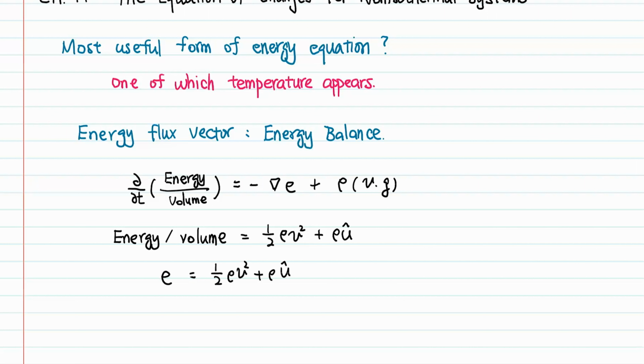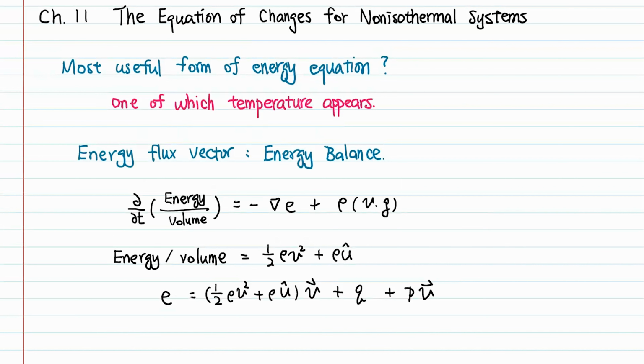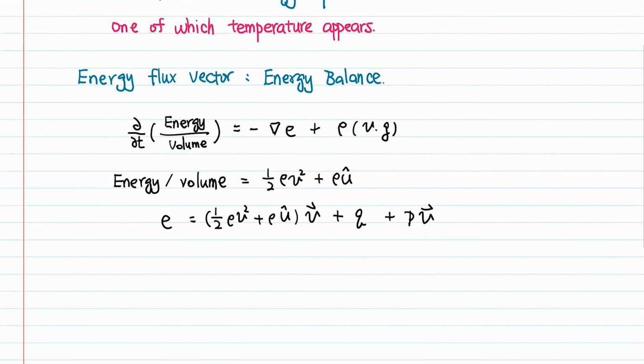It's a review at the moment. That's times its velocity, plus the heat carried with it, plus the work associated. This is the PV work, and also we have the work coming from the shear stress, so plus the shear stress term.